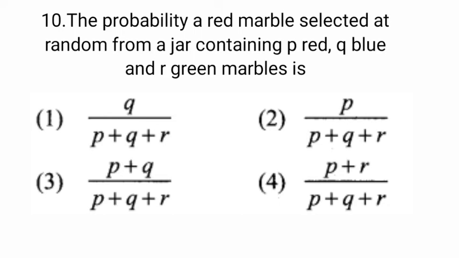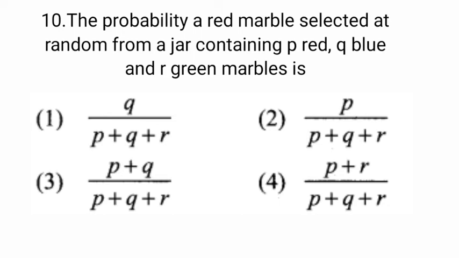We have four options. The first one is Q divided by P plus Q plus R. Second option, P divided by P plus Q plus R. Third option, P plus Q divided by P plus Q plus R. Fourth option, P plus R divided by P plus Q plus R. What is the question? Find the probability of red marbles.